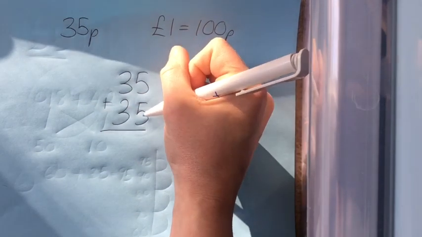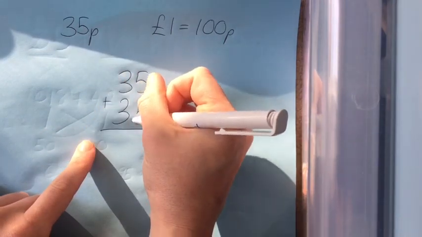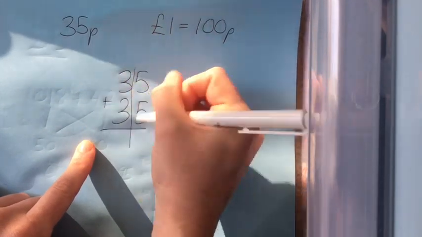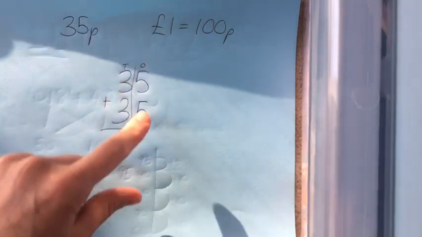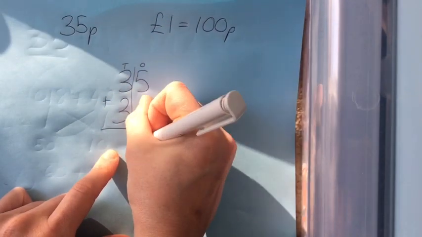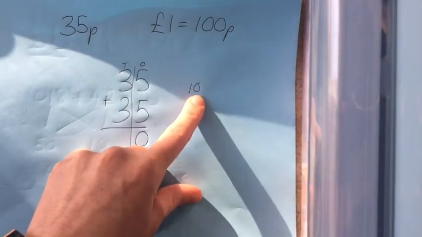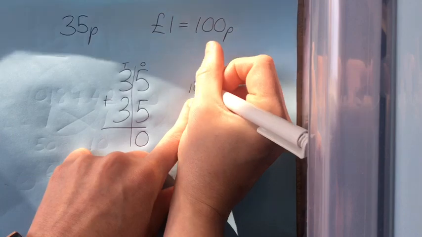Now 5 add 5 is 10, but I only want 1 digit in my ones column. I can't have 2. So I'm going to put my 0 in my ones column because in 10 there are 0 ones.